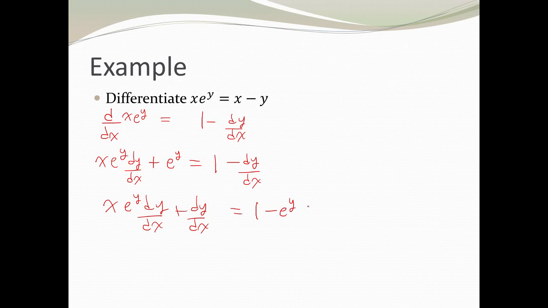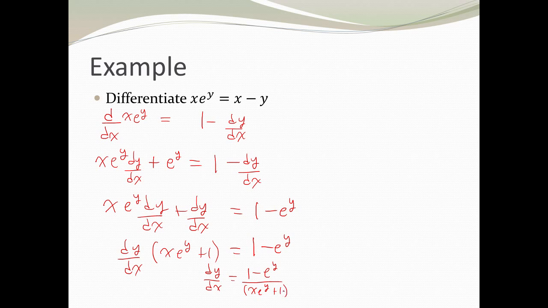Now dy dx gets factored out of this side, so we get dy dx times x e to the y plus 1 equals 1 minus e to the y. And finally, our answer for the derivative of our function is 1 minus e to the y, all divided by x e to the y plus 1. There we go.